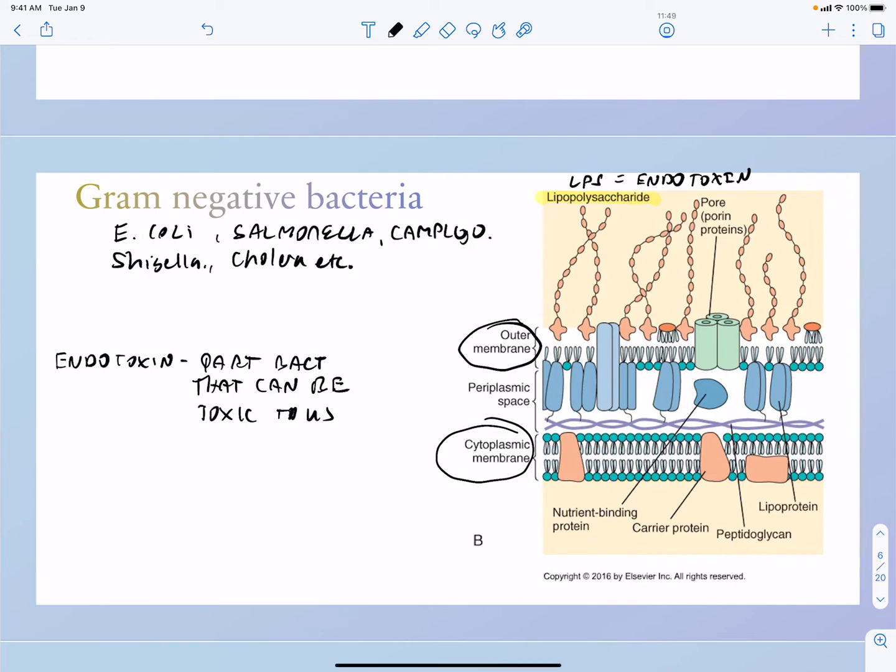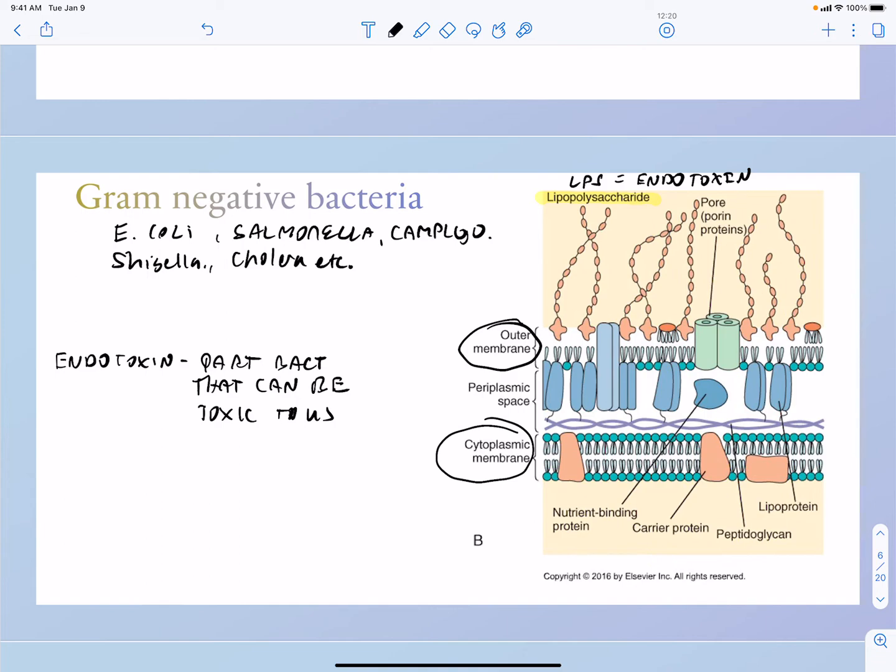So it's not like a toxin like cholera toxin, where the bacteria is producing it, releasing it. Cholera toxin can potentially affect the bacterium negatively as well. LPS never affects the bacterium negatively. It is part of the bacterium, part of their surface. It is part of their being, and therefore it is referred to as endotoxin. And LPS is the only endotoxin. So if you ever hear endotoxin, think gram-negative bacteria and LPS, because that's it.